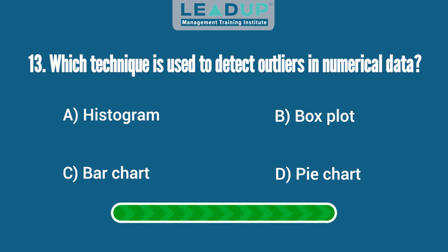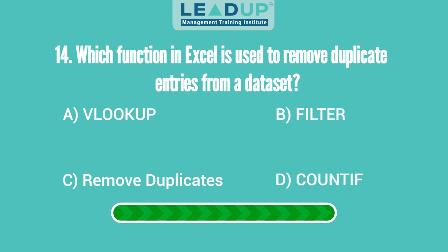13. Which technique is used to detect outliers in numerical data? A. Histogram, B. Box plot, C. Bar chart, and D. Pie chart. The answer is box plot. 14.